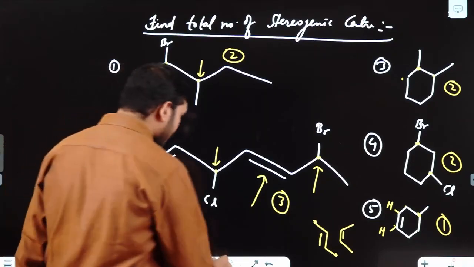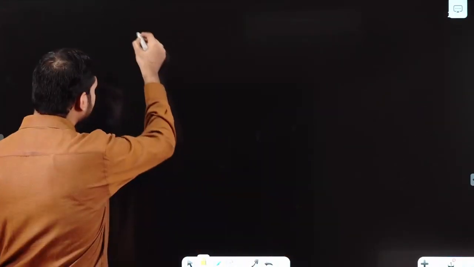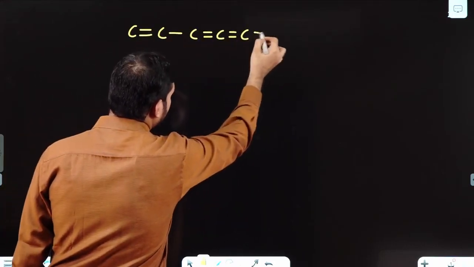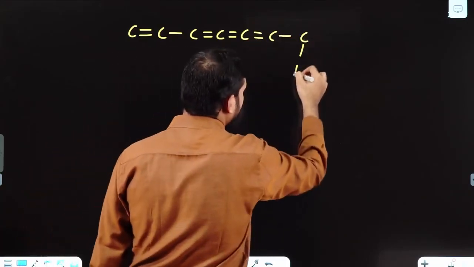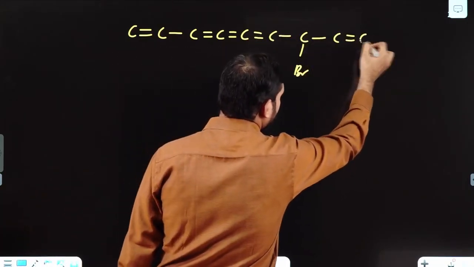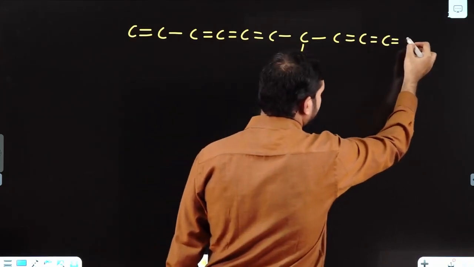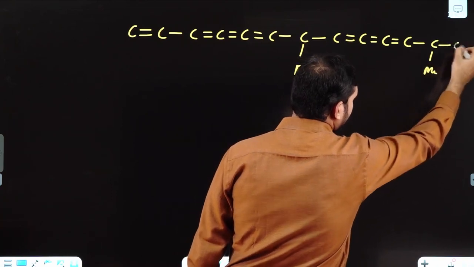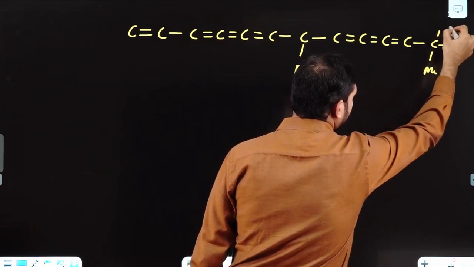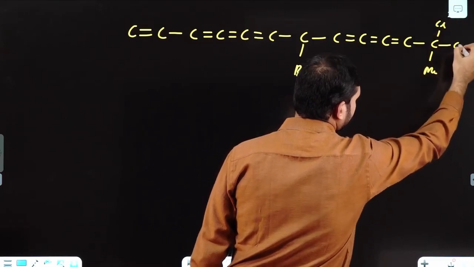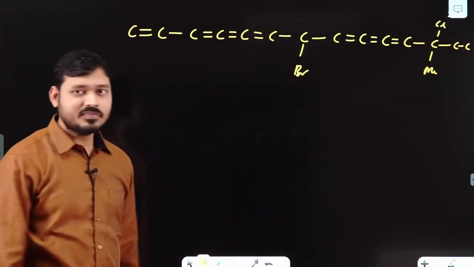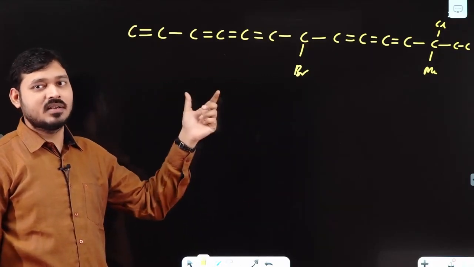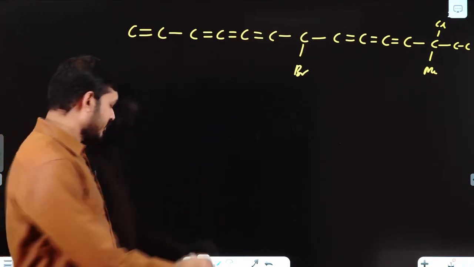Clear? Let me give you 2 more cases. Okay, so find out in this case how many parts in total are contributing in stereoisomerism.